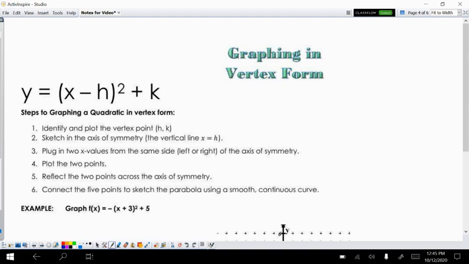We're going to plug in 2 x values on the same side of the axis of symmetry, plot those points, and then make the mirror image across the axis of symmetry. And then we'll have enough points to establish the shape of our parabola and make that smooth curve.